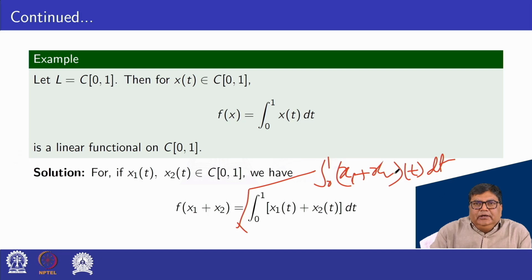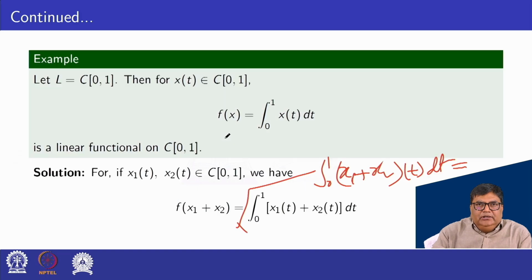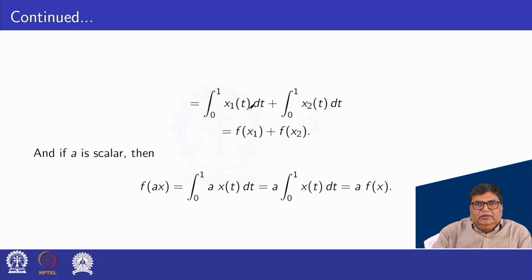Then it can be written as the integral of x1(t) plus x2(t) dt, equal to the integral from 0 to 1 of x1(t) dt plus the integral from 0 to 1 of x2(t) dt. That is, this can be written as f of x1 plus f of x2.